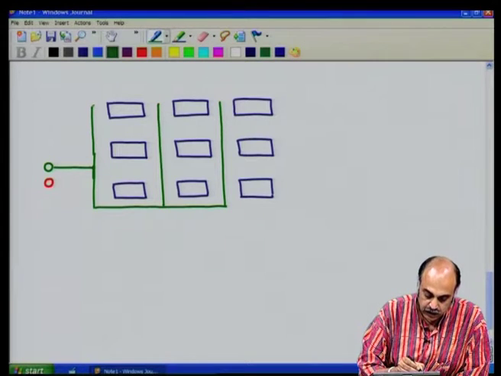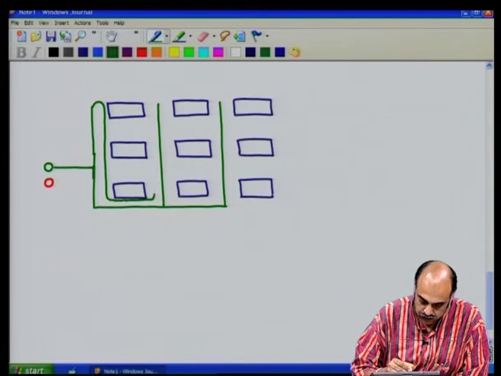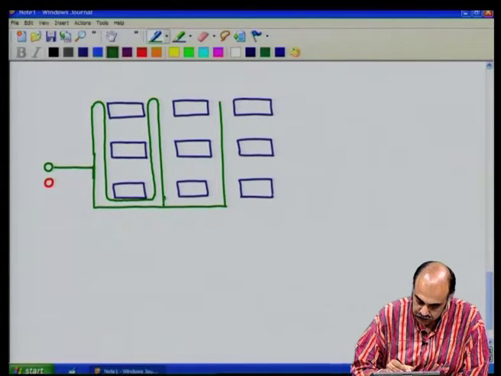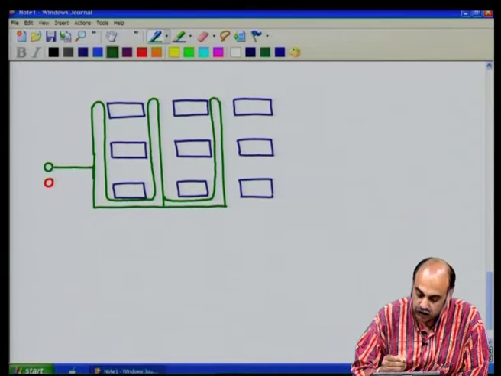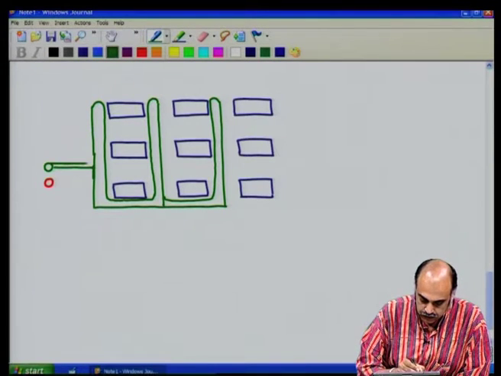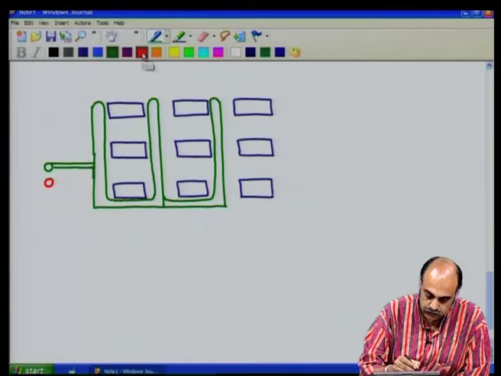Of course, maintaining the ground wire as thick as possible. So, I am not showing the thickness to scale, but imagine that you have something like that or even thicker, something like this.